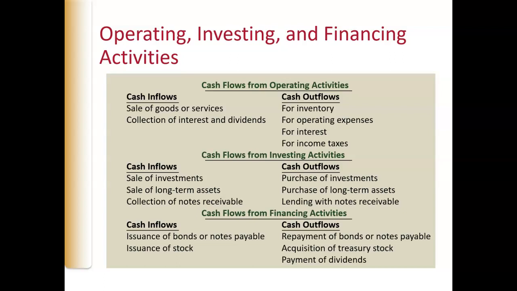Cash flows from financing activities. Inflows would be when we issue bonds or notes payable, or we issue stock. And then the outflows would be repayment of bonds or notes payable, acquisition of treasury stock, and the payment of dividends.